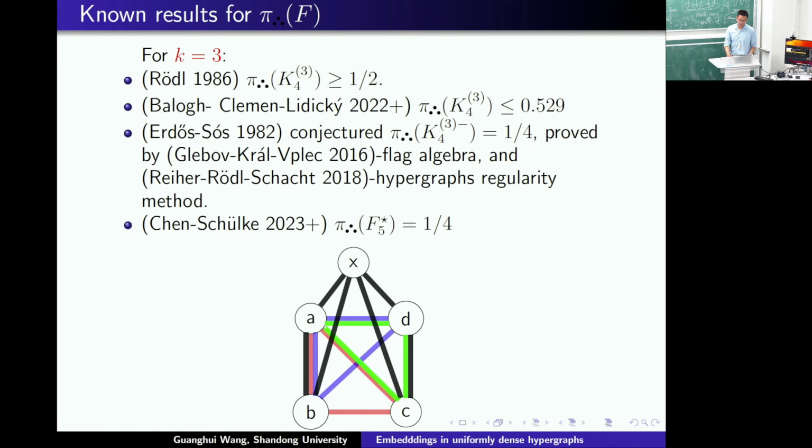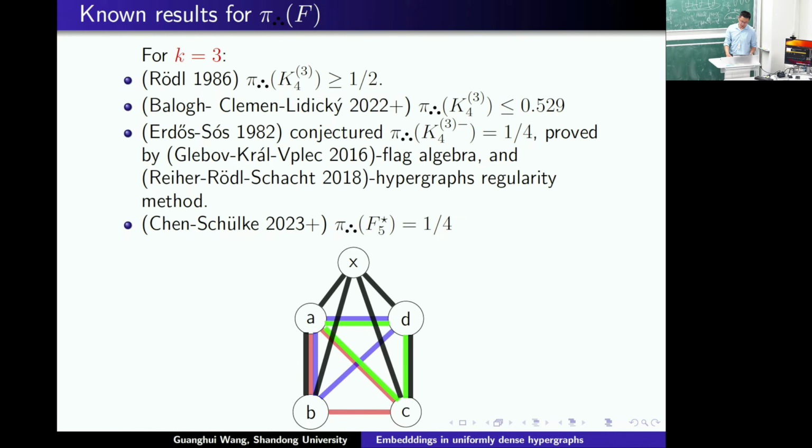And for K4 minus, it is a clique on 4 vertices minus an edge. The lower bound should be 1/4. Because we can take a random tournament. I mean we orient each edge of a complete graph uniformly and randomly.